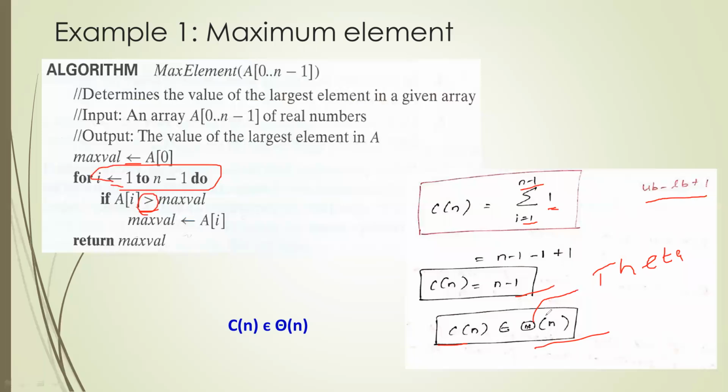We have already discussed asymptotic notations: big O, omega and theta. You can use any one notation for indicating the time efficiency. So n minus 1 is the time efficiency, and with the help of asymptotic notation, you can use any notation, big O, omega or theta. Finally, you can write the answer. Thank you.